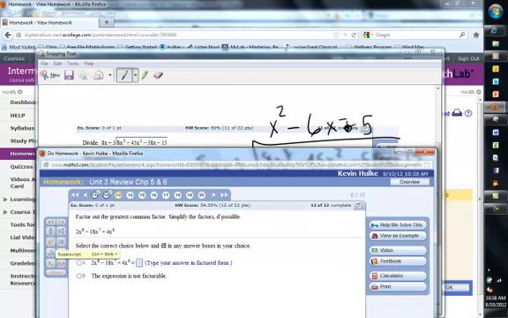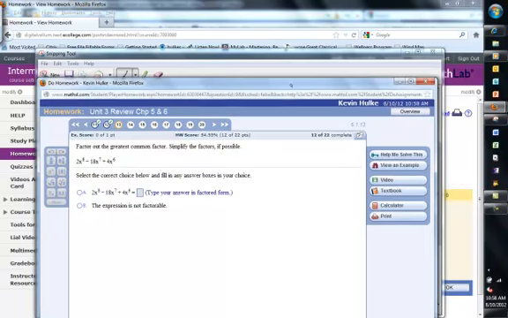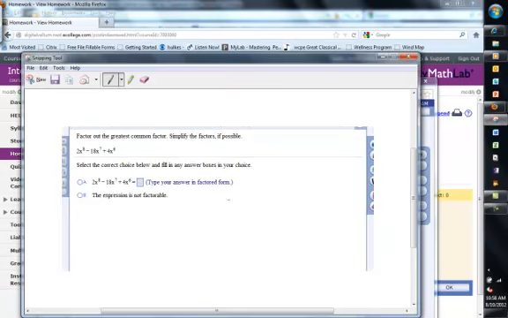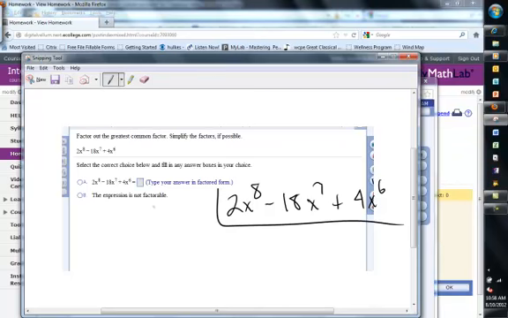Number 13, factor out the greatest common factor. Okay, 2x to the 8th minus 18x to the 7th plus 4x to the 6th. You can factor out a 2x to the 6th, and we're left with x squared minus 9x plus 2.